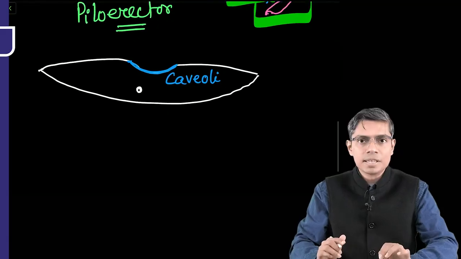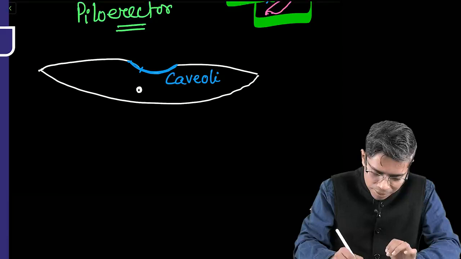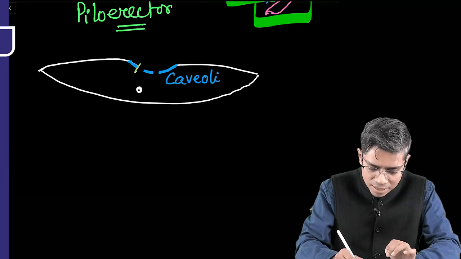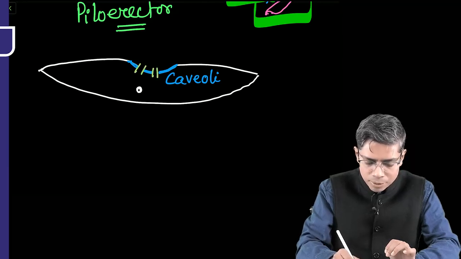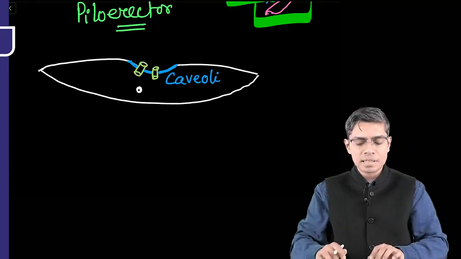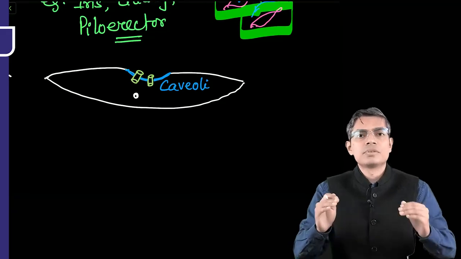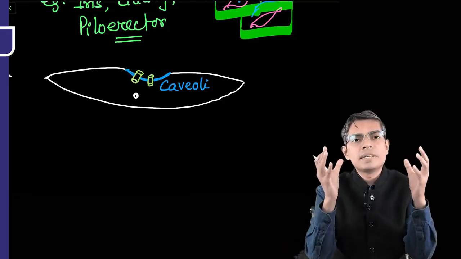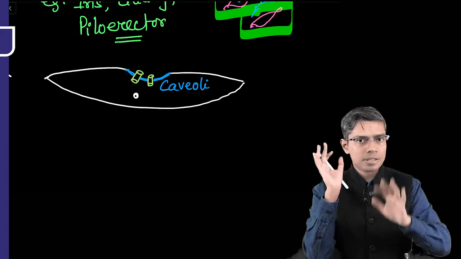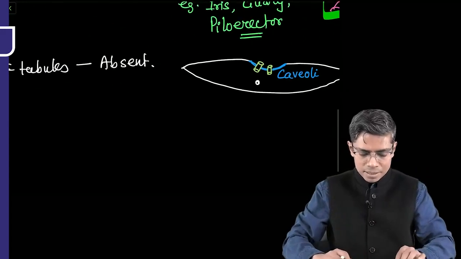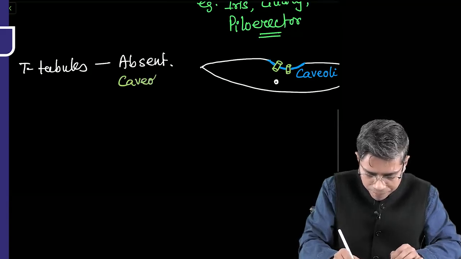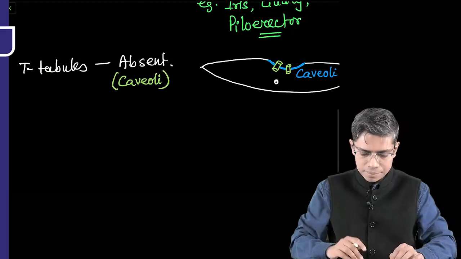At the level of caveoli, there will be multiple voltage gated calcium channels. We have also seen in skeletal muscle and cardiac muscle that T-tubules contain L-type voltage gated calcium channels. It is the same for smooth muscle, but here it is not T-tubule, it is known as caveoli. Caveoli is the area where multiple L-type voltage gated calcium channels are present. So T-tubules are absent, but in place of T-tubules, the caveoli are present, right?